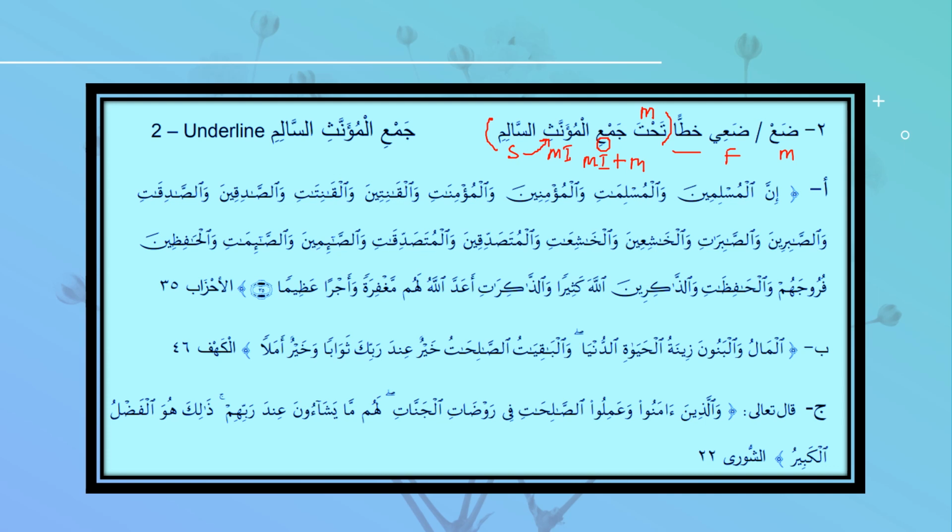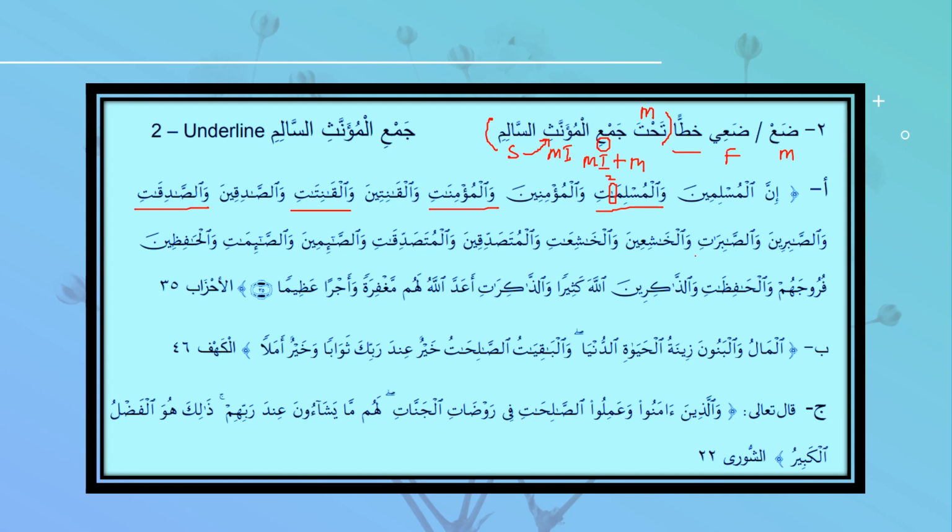Innal Muslimin, it's Mudhakkar. Muslimat, since it's a script change, there is an alif saghira, it's counted as 2. So it's Jam' Muannas. Al-Mu'minin, it's Mudhakkar. Mu'minat, Muannas. Qanitin, Mudhakkar. Qanitat, Muannas. Sadiqin, Mudhakkar. Sadiqat, Muannas.